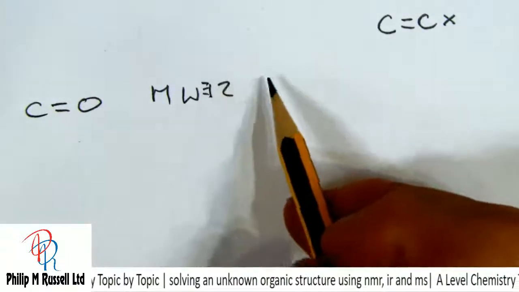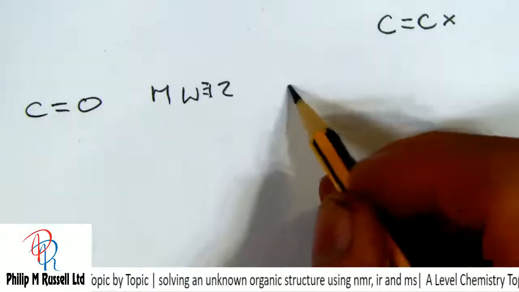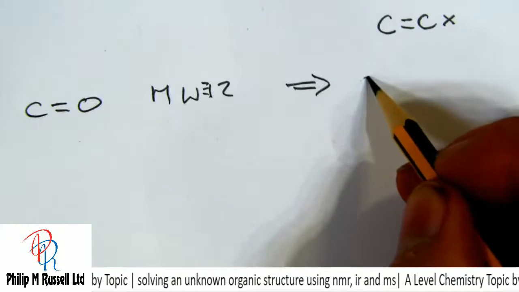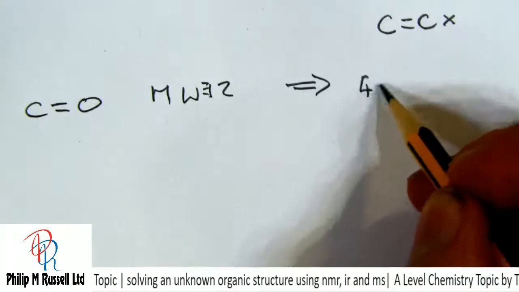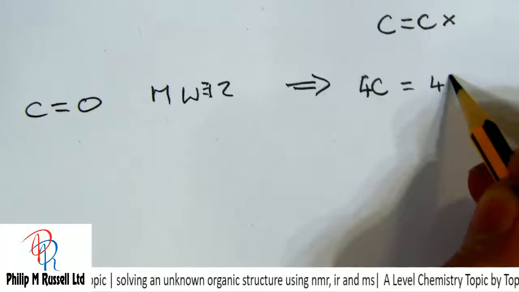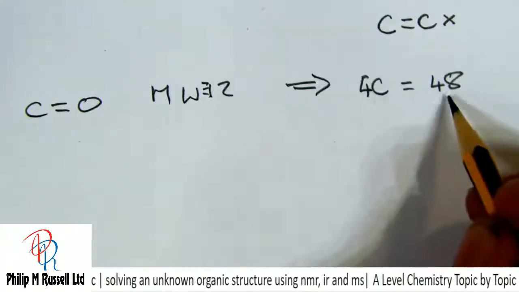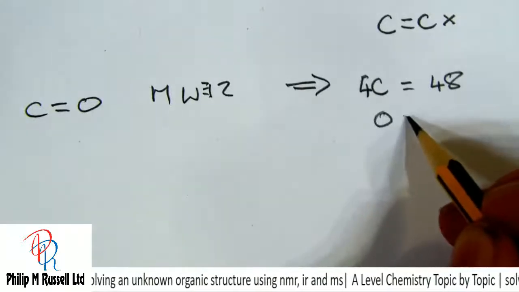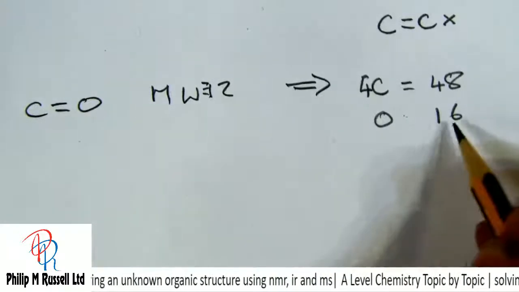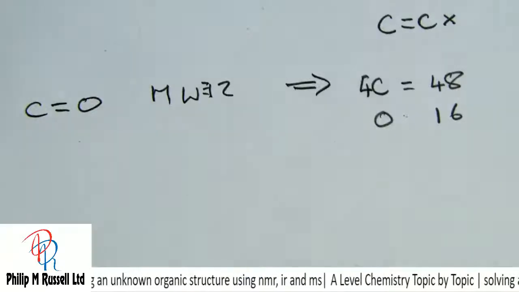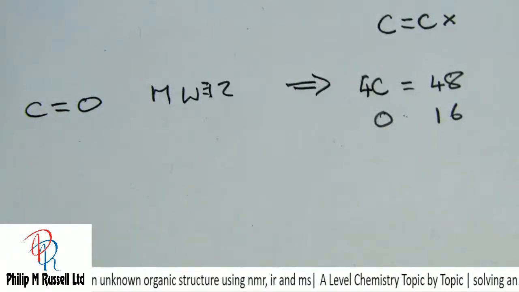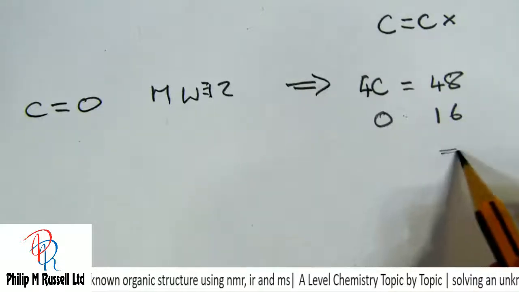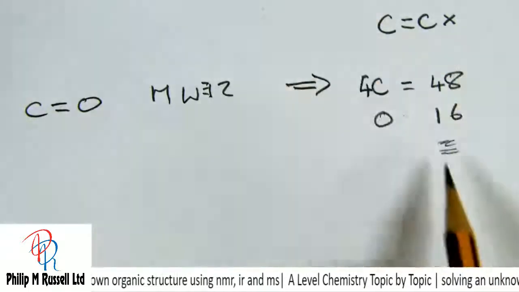Now 72 gives me a hint before I even start that I've got about 4 carbons. 4 carbons is going to give me 48, and an oxygen is going to add on 16, so that takes us up towards 72.